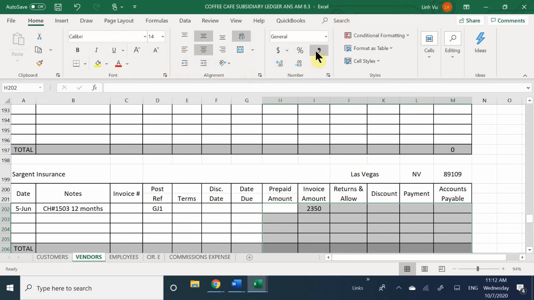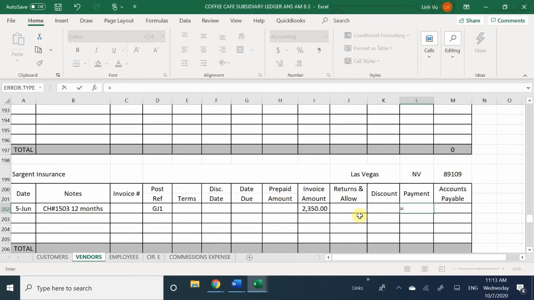All right, and then did we have any returns and allowances? Again, if something is wrong with your policy and they refund you for any reason, you'll utilize that, right? Any discounts, again, if they offer it to you, then they will let you know. Did you pay for it for the full amount? Yes, you did.